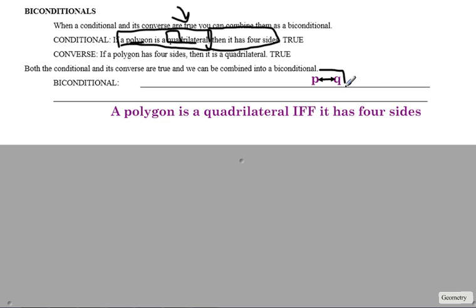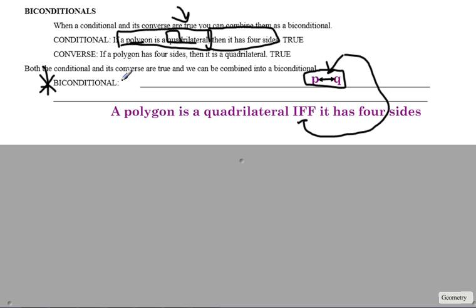The symbolic form of a biconditional, and this is probably what you really want to have, is P double arrow Q. That double arrow reads if and only if. So P, if and only if, Q. So hypothesis, a polygon is a quadrilateral, if and only if, conclusion, it has four sides.